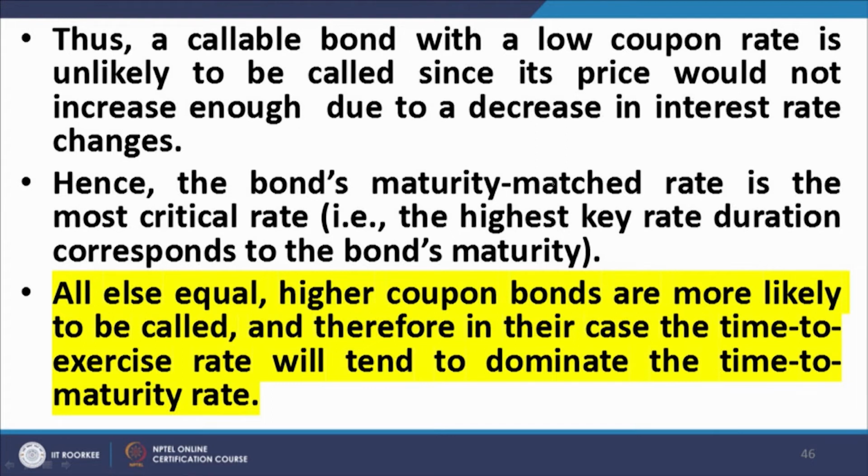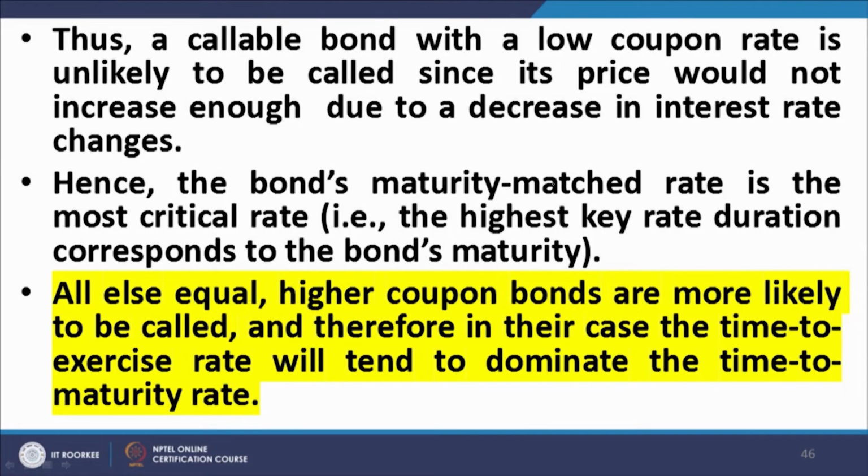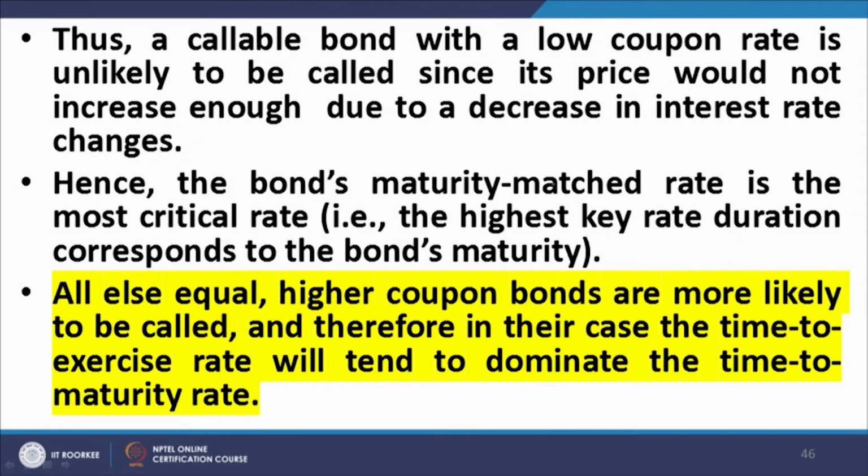So, if there is a lower coupon rate and there is a change in YTM, the price change will not be very significant, and because the price change will not be very significant, the probability of exercise of the call option embedded in the bond will not increase significantly, and that being the case, the probability of the option related cash flows manifesting themselves due to a change in yield would not be significant for low coupon bonds. Hence, the bond's maturity matched rate is the most important rate, is the most critical rate.